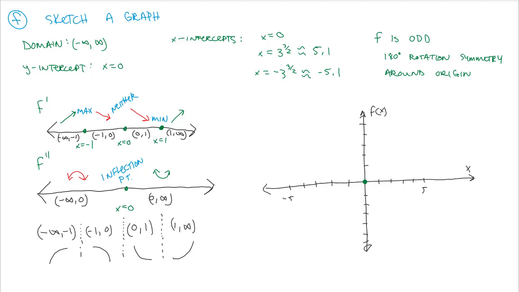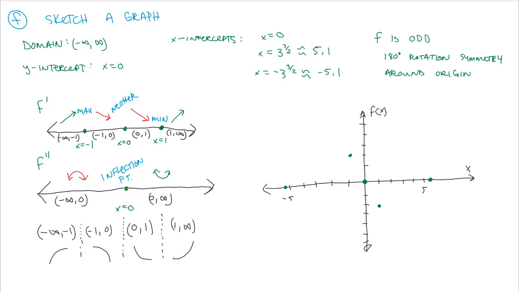And we're going to have x-intercepts at a little bit less than -5 and a little bit more than 5. And we have a local maximum at x equals -1. We know that the y value there is 2 if we evaluated the original function at -1. And we have a local minimum at x equals +1, and the y value there is -2.